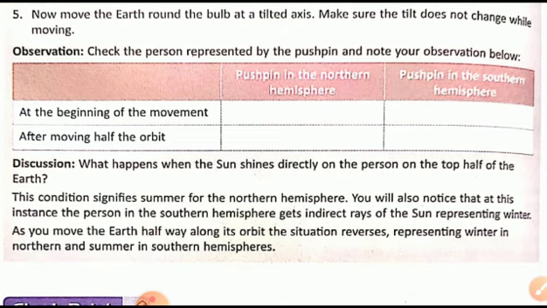So 22nd March and 22nd September determine the equinox, equal day and night, having spring and autumn, whereas 22nd June is the summer solstice and 22nd December is the winter solstice.